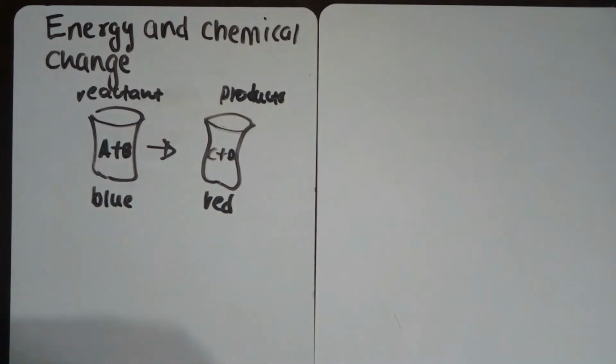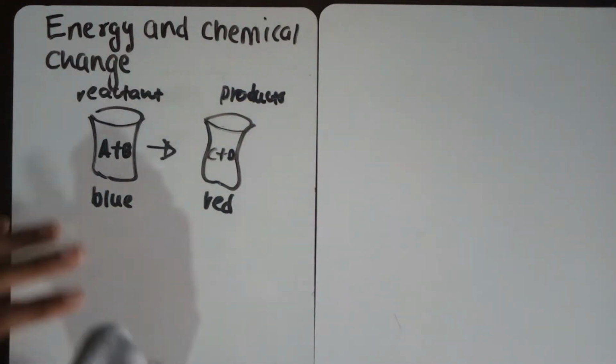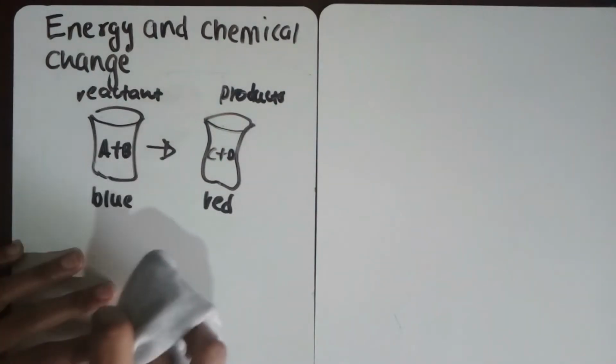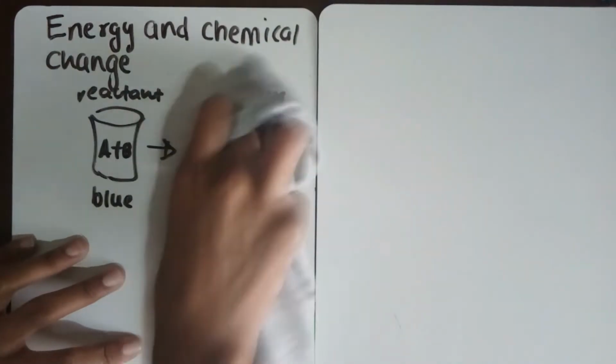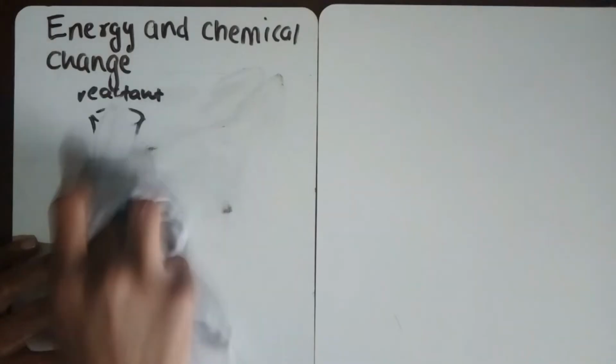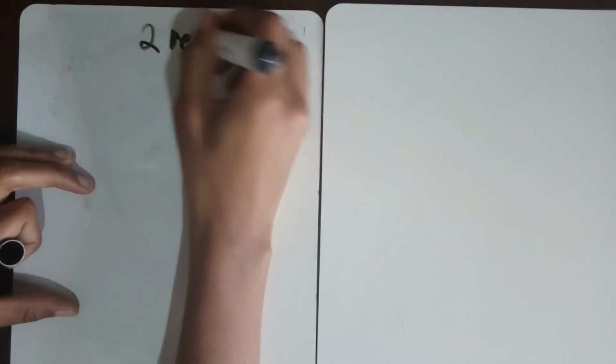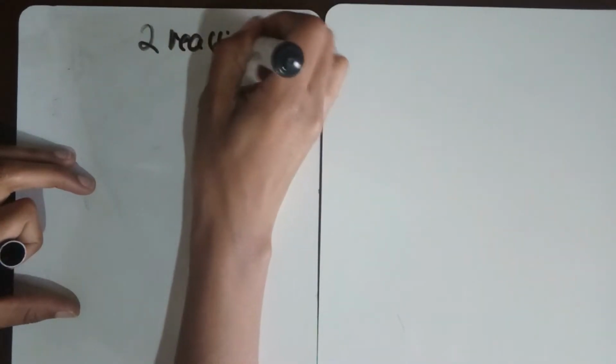What we're going to focus mainly on today is the energy change that occurs during reactions. There are two types of reactions that we're going to primarily focus upon, so let me write the two types of reactions where we have an energy change.